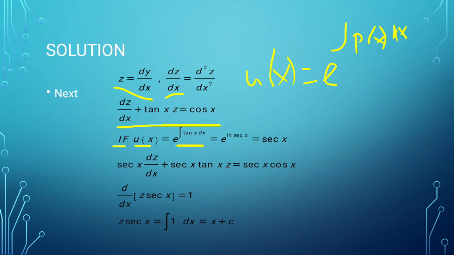Whichever you can see, tan x here is our p(x). If you integrate tan x, you get ln of secant x. And because it's exponential, this solution becomes true.